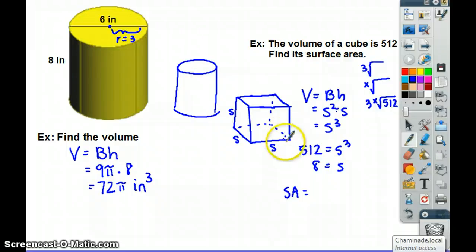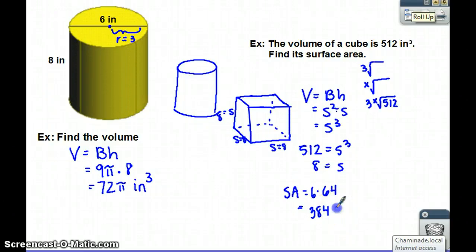Well, the area of this one face, if the side is 8, the area of this side is 64, and there are 6 of these sides, giving us a surface area of 384 inches squared. Once again, we will talk more about that idea of taking cube roots in other sections, and I can help you out if you're having trouble finding that on your calculator.